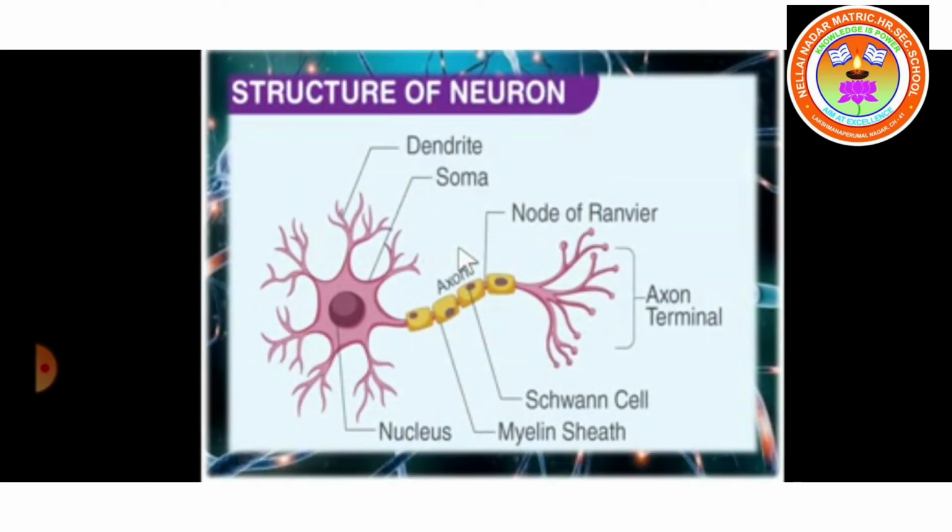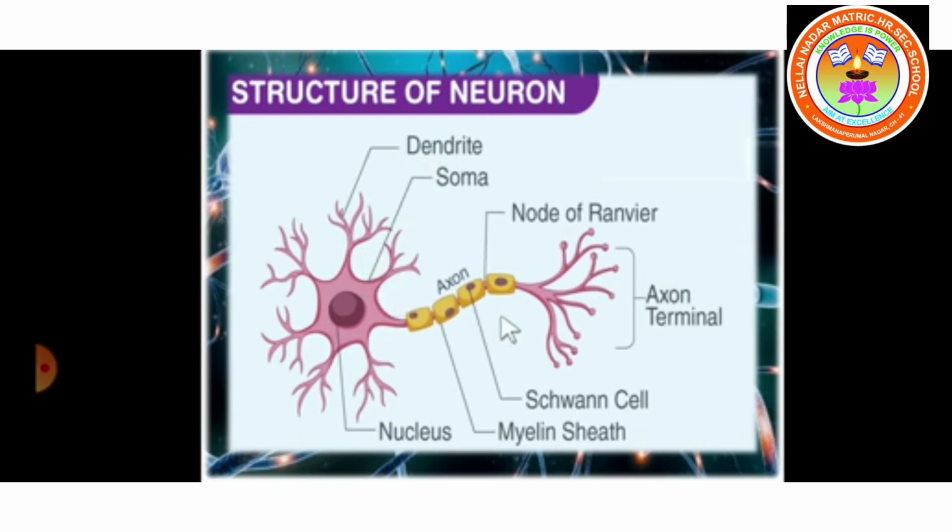Each neuron consists of a cell body, also called the cyton, with the nucleus inside and the cytoplasm surrounding it. The dendrons are short and highly branched protoplasmic processes of the cyton. Here you can see the dendrons, which further branch into dendrites.